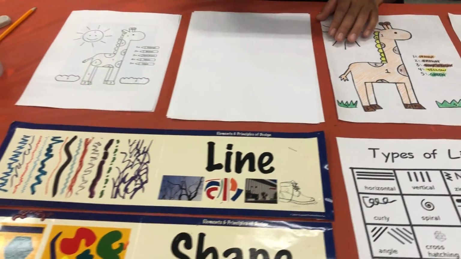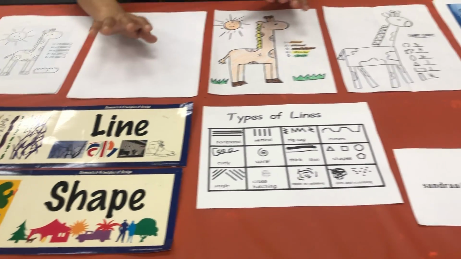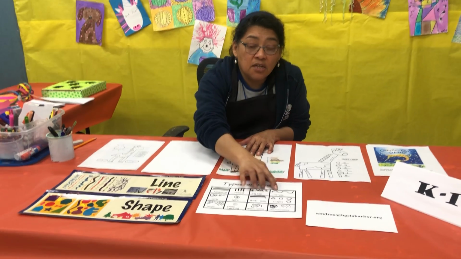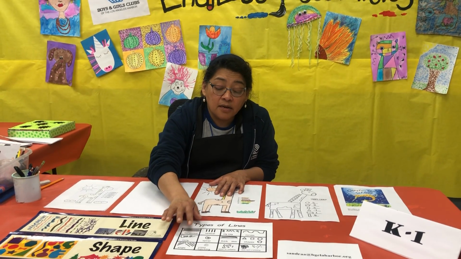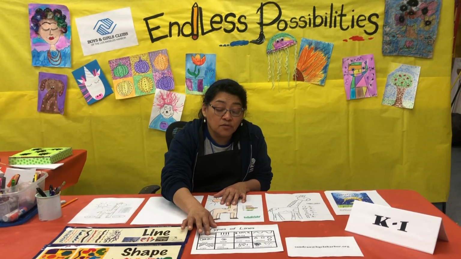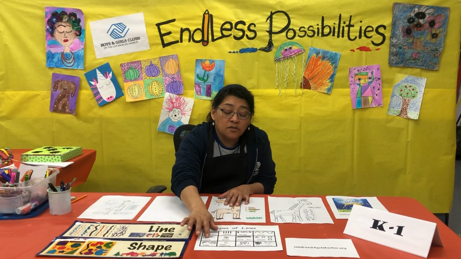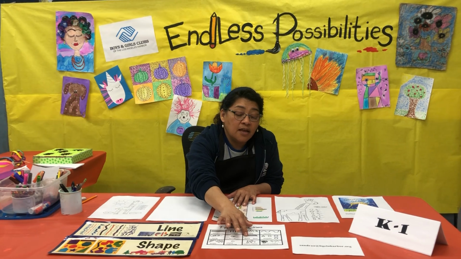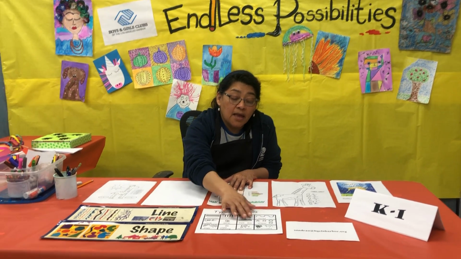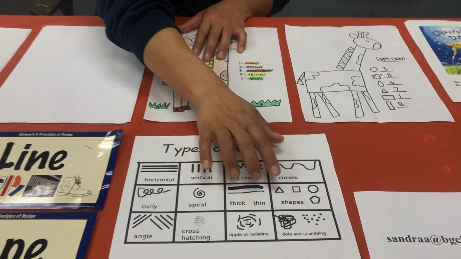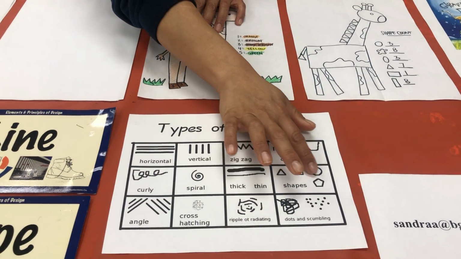These lines can go in so many directions and can be made of different forms, as we see on this paper. Some of them are horizontal, vertical, zigzag, curly, spiral, thick, and thin. Also, with these lines, we can make what is the next element? Shapes, different shapes.